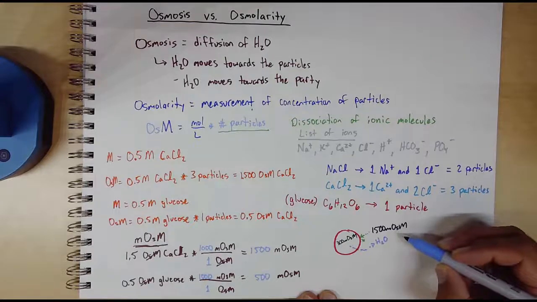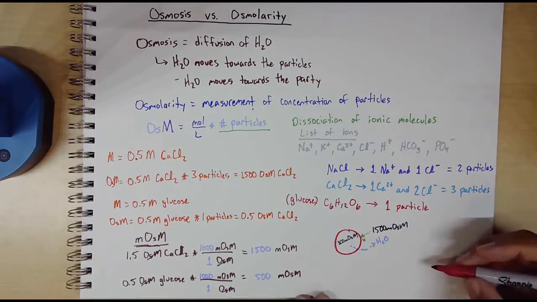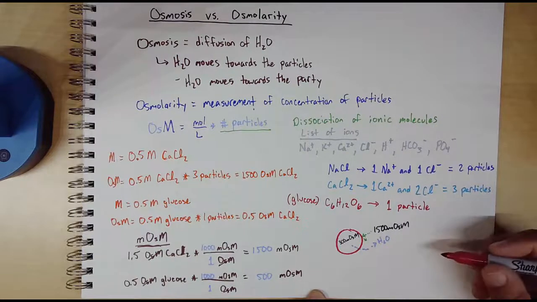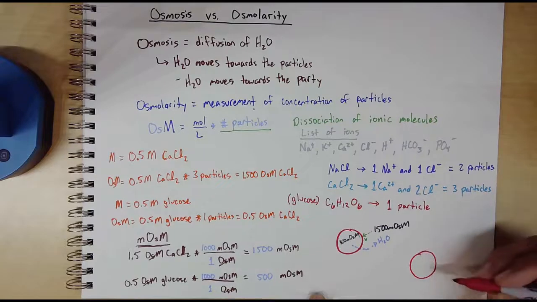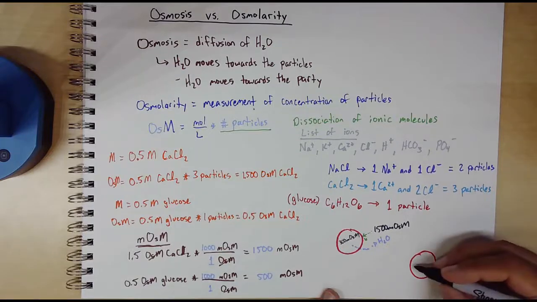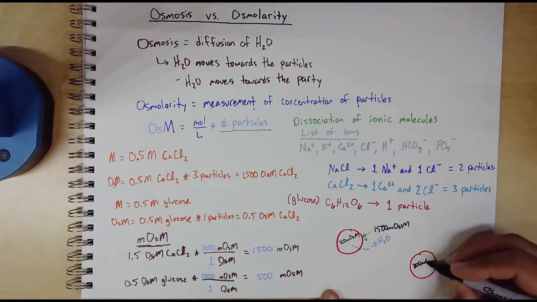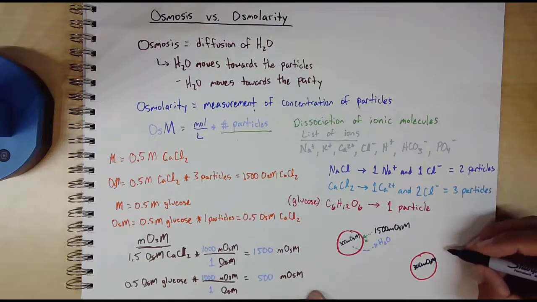1,500 milliosmoles would kill a person. Now, I'm not saying that 500 milliosmoles is much better, but I do want you to see the difference in what we just gave these patients. Because now, happy cells, 300 milliosmolarity. Outside the cell would be our glucose.